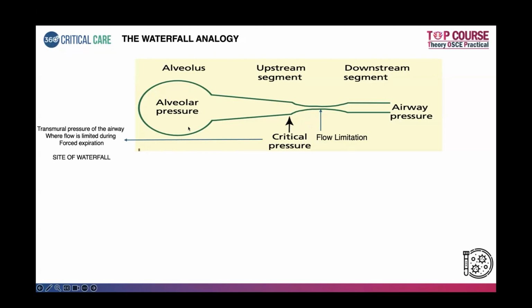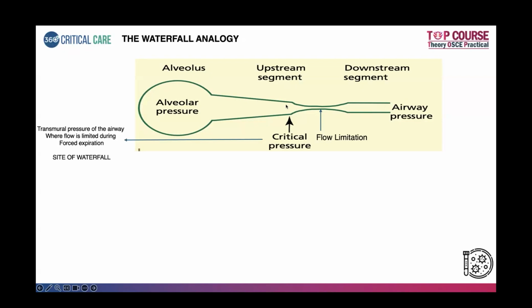So I'll just explain this diagram once again. With regard to the waterfall analogy, the distal alveoli is the upstream segment and the proximal airway is the distal or the downstream segment.